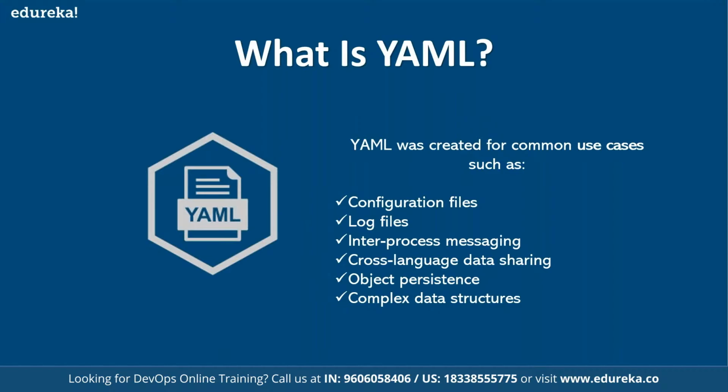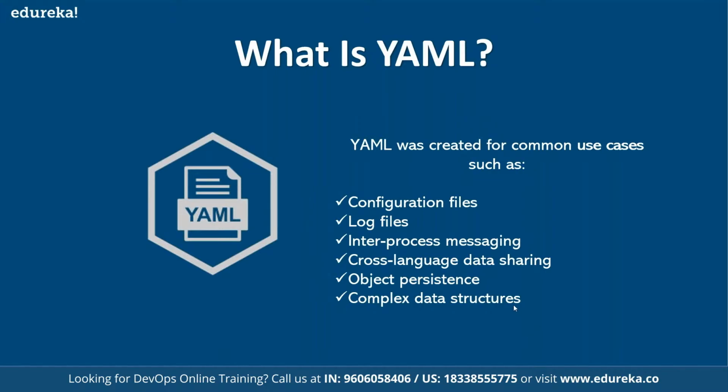And when that communication is happening, if I want to analyze it, it should be human readable. If I want to read what communication is happening from one system to another system, in that scenario it should be human friendly. And that is where YAML has been created. YAML is actually a human-friendly data serialization standard for all the programming languages.